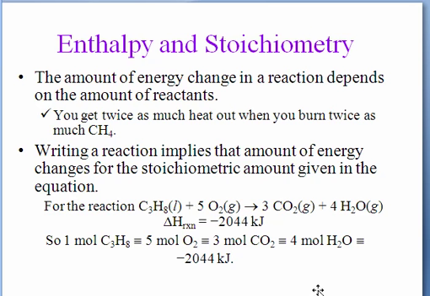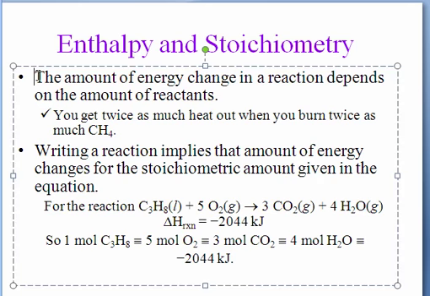Now, we looked earlier at the relationship, or the difference really, between heat and temperature. And one of the differences is temperature does not depend on amount, whereas heat does. So remember, a 5-pound baby has the same normal body temperature as a 500-pound sumo wrestler. But the amount of heat a baby gives off is very different than the amount of heat a 500-pound sumo wrestler is going to give off.